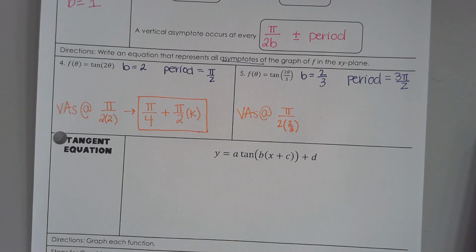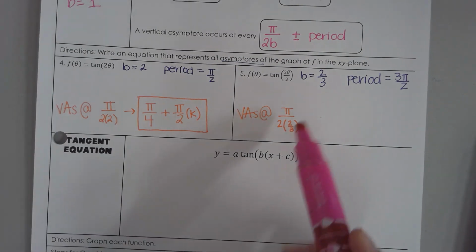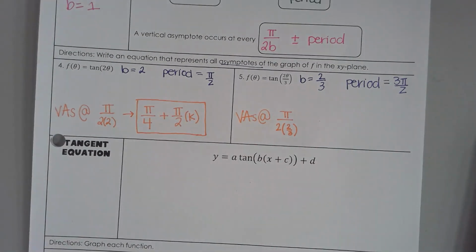So that would be pi over 1, keep, change, flip, times, so that's 2 times 2/3, which is really 4/3, so 3/4.